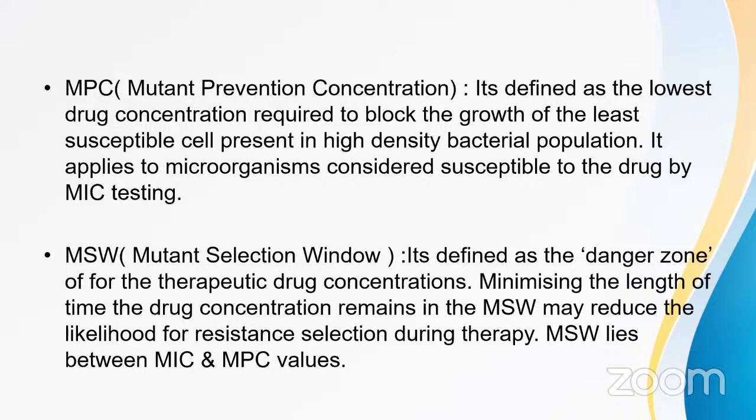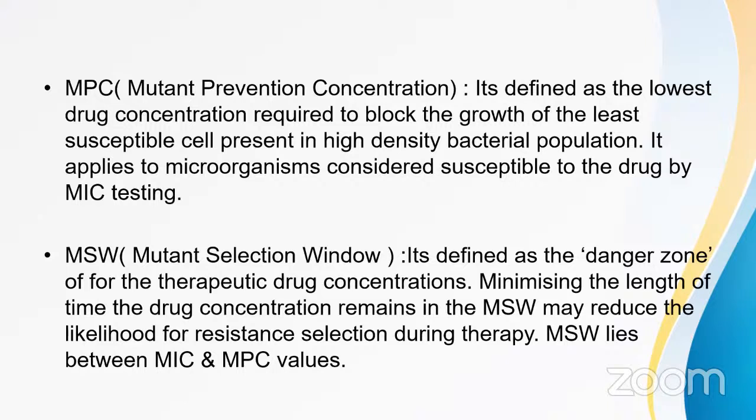It applies to microorganisms considered susceptible to the drug by MIC testing. In MIC we have coverage up to 99%, but in MPC you cover up to a total of 100%, so 0% is left to become resistant. So, total prevention.